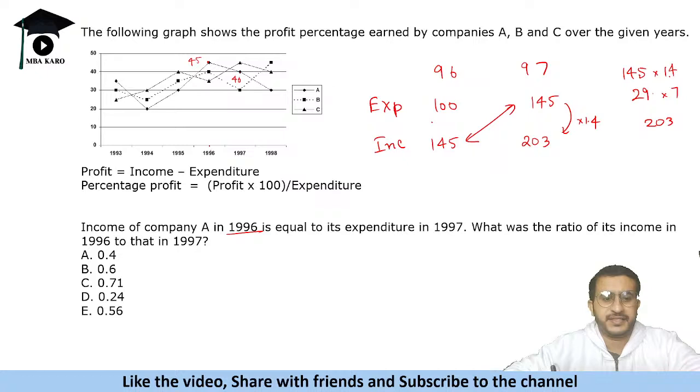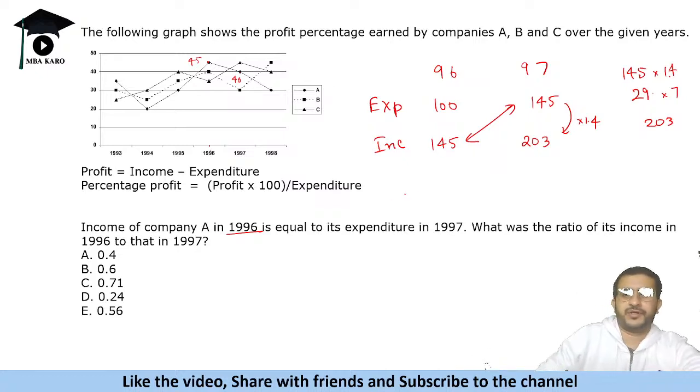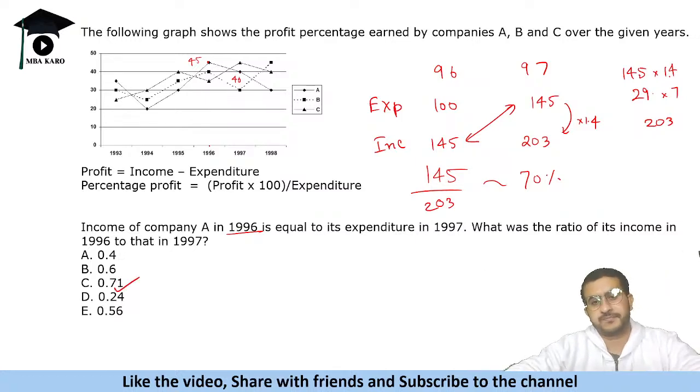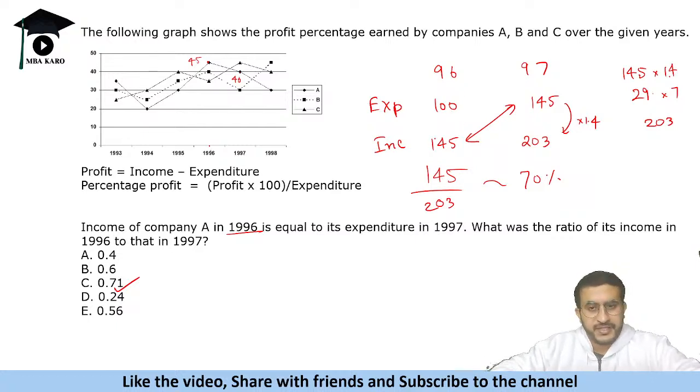Income in 96, ratio income in 97. So 145 by 203 निकालना है. So roughly 70% है. So 0.71 is the answer. So what we did? We took expenditure as 100. So income becomes 145, 45% higher.